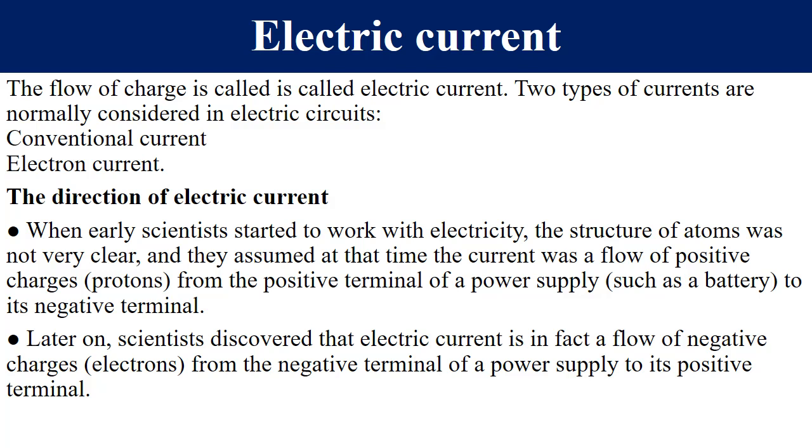EMF or voltage does not flow, rather it pushes the current and causes it to flow. So later scientists discovered that electric current is actually a flow of negative charges, and that is electrons, from the negative terminal of a battery through the load to its positive terminal. So take note of the two currents and their direction of flow. You must be able to define current.